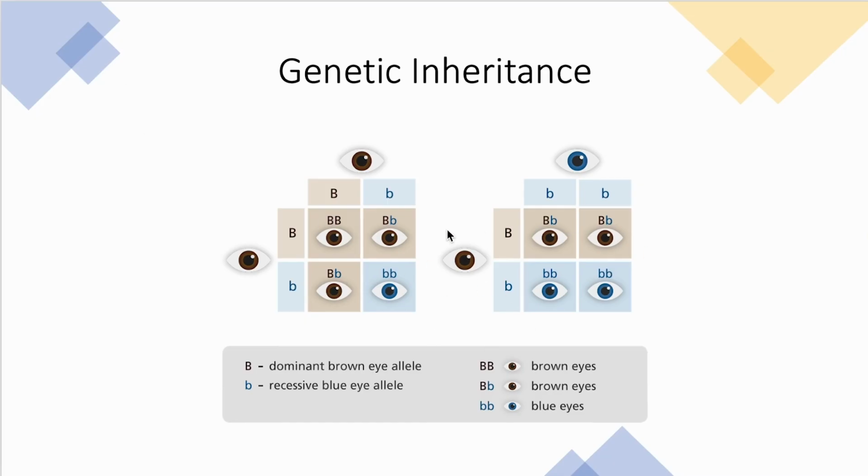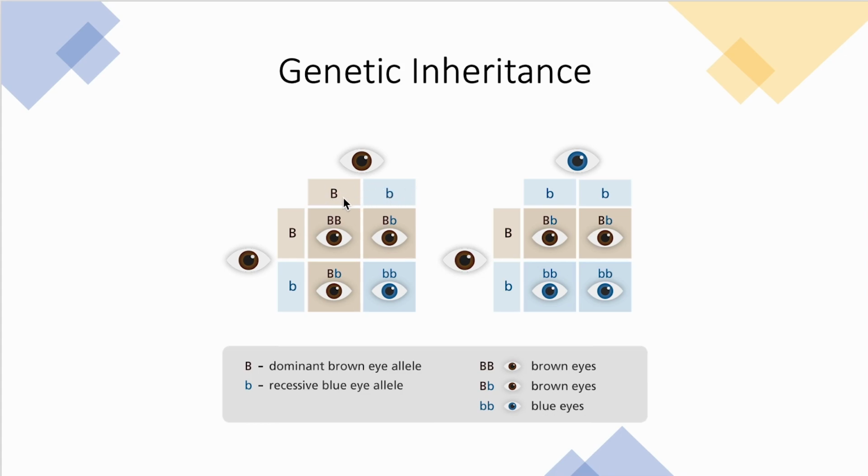Here we have an example that illustrates very well the concepts of Mendelian inheritance. And here we have two different things. On the left side, we have two parents, one here and the other here. Notice that they have the same genotype, the same genetic composition.